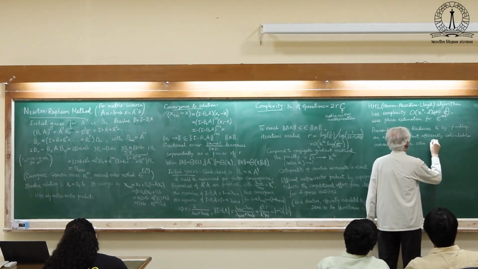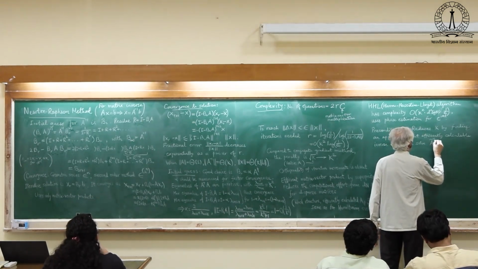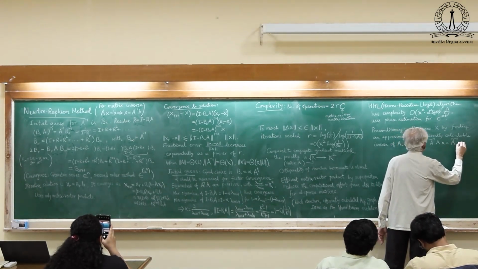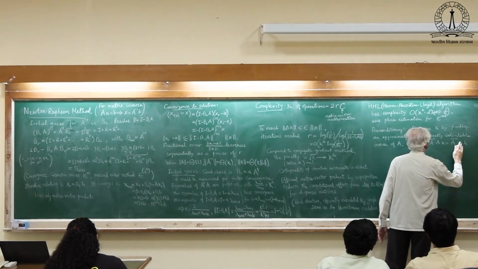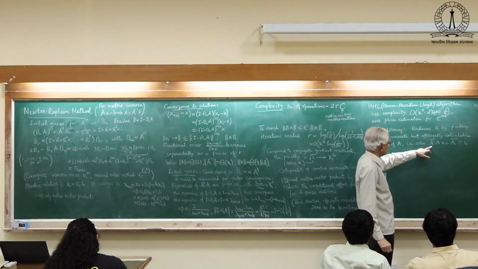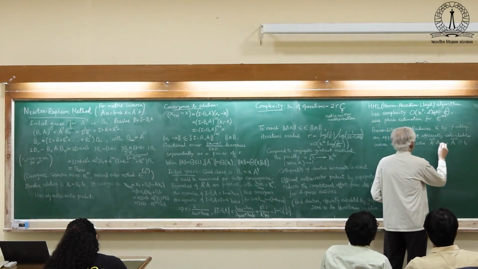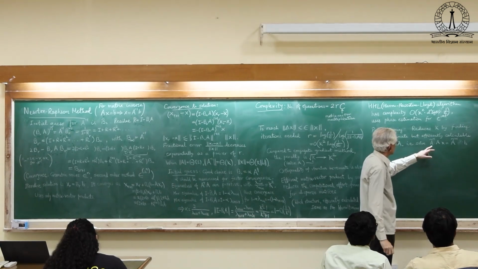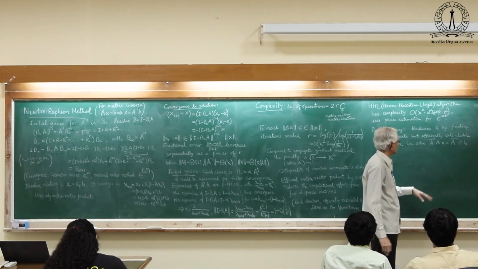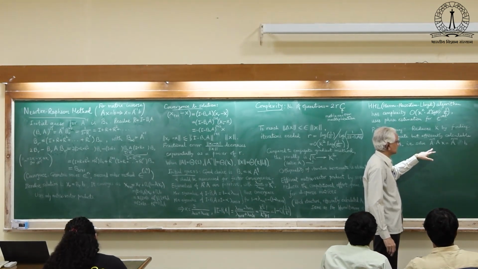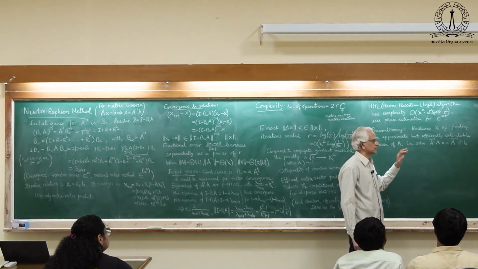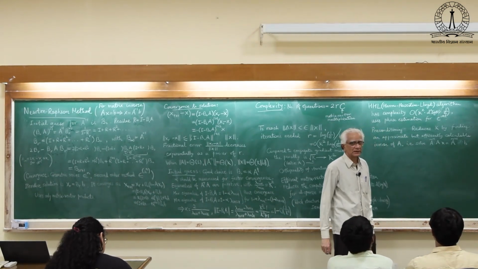So let me call that A tilde inverse. It has to satisfy a condition that it has to approximately invert this in whichever way you can think of. And on top of that, it must be efficiently calculable. It can even be, say, a diagonal matrix, whatever it is.